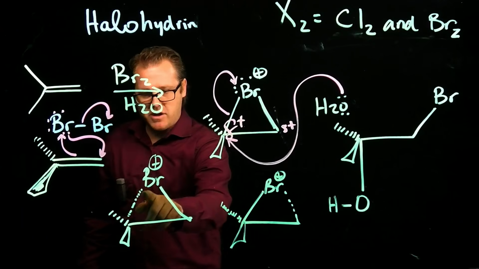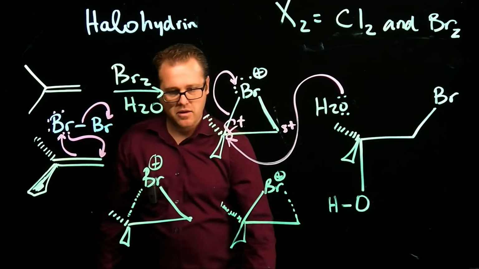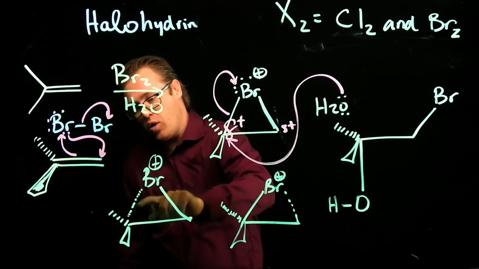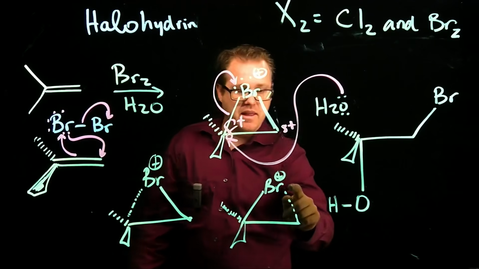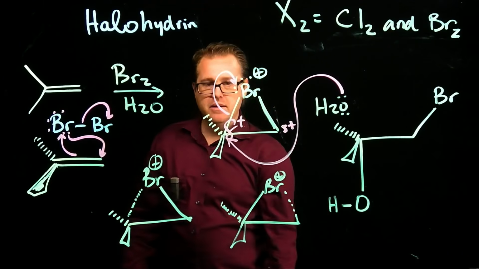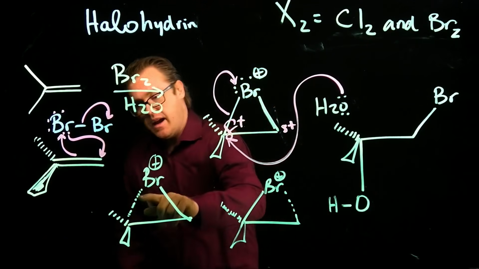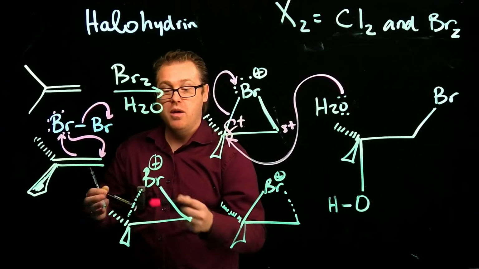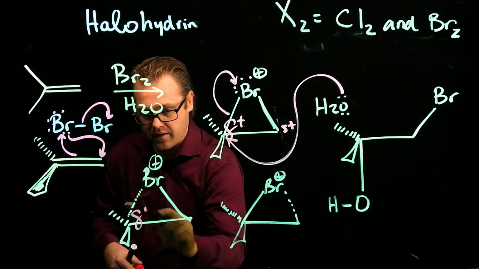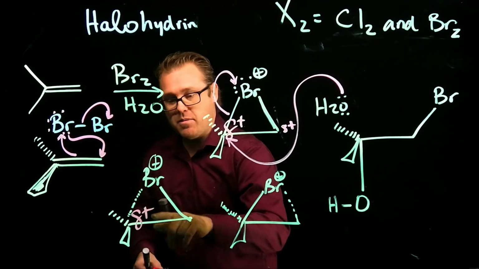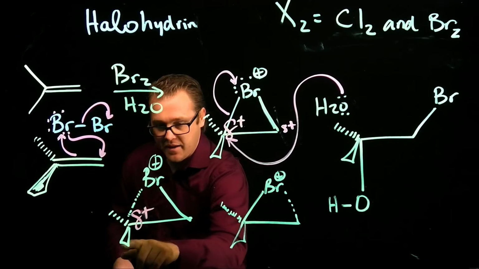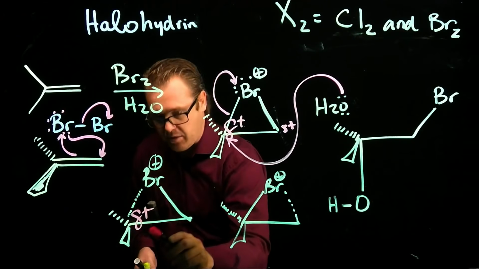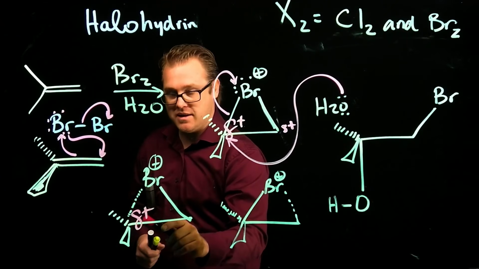So you can see how I've dotted. Why is this bond more partially broken than this one? That's because if this bond is partially broken, it's going to have a partial positive, right? But what can stabilize that partial positive? The alkyl groups are electron donating, so it helps to stabilize that partial positive.